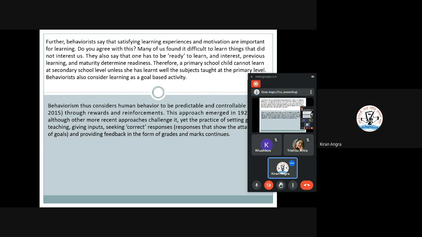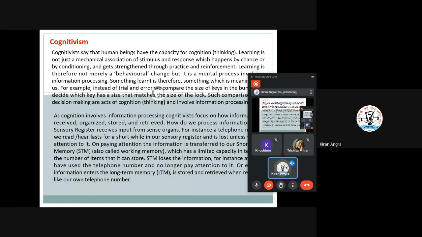cognitivists, people who believe in learning by cognitivism. They say that human beings have the capacity for cognition. Cognition means what? Thinking. They have a brain. They have the power of thinking.